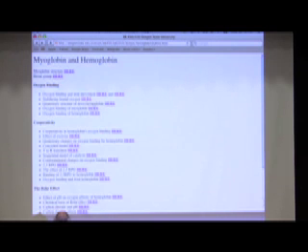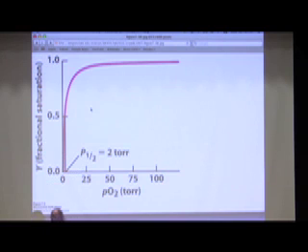If I look at the binding of oxygen by myoglobin, what I discover is that it looks something like this. This is fraction of saturation, so if I get up to 1, it's 100% saturated. And down here along the x-axis is the oxygen concentration.